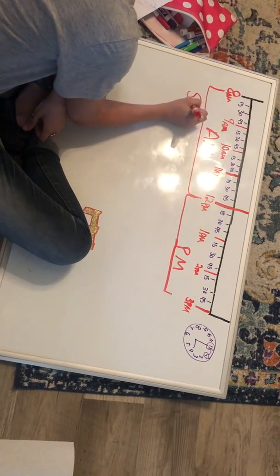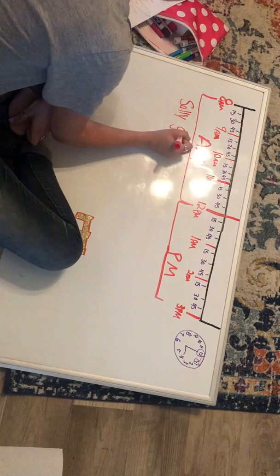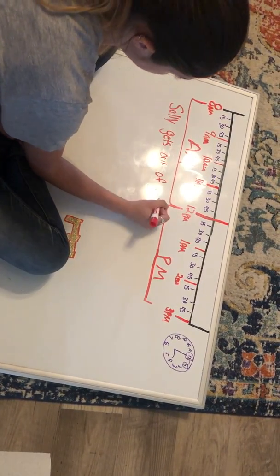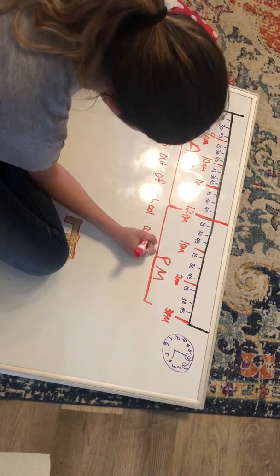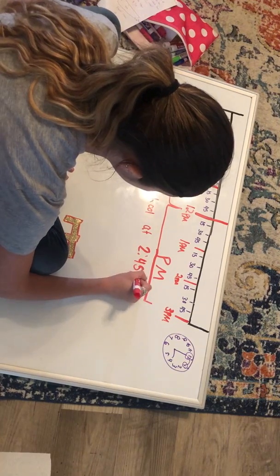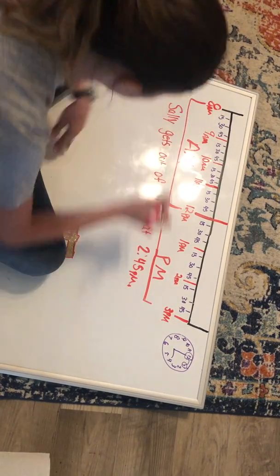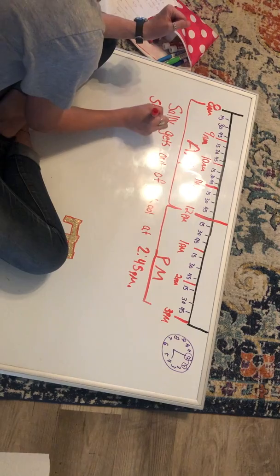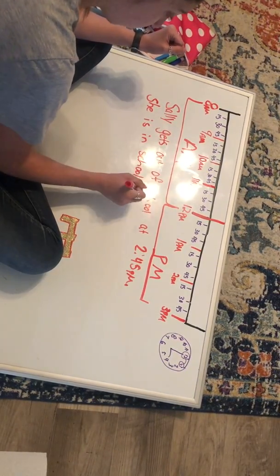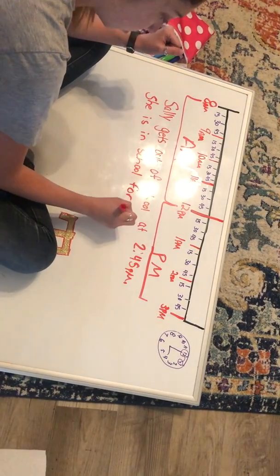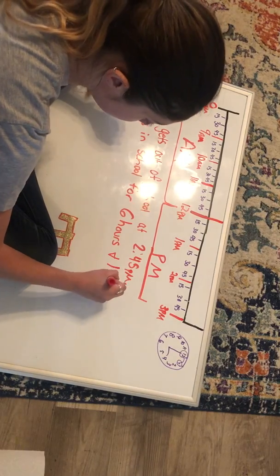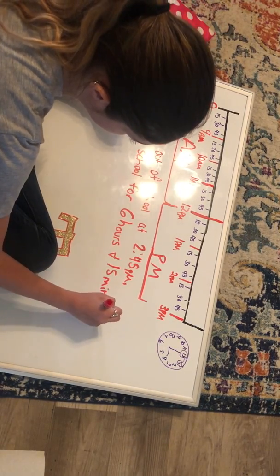So Sally gets out of school at 2:45 p.m. She is in school for 6 hours and 15 minutes.